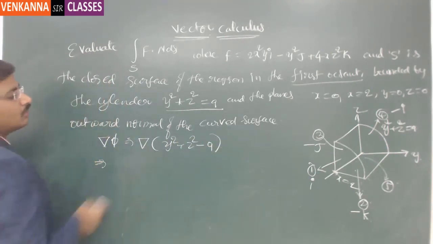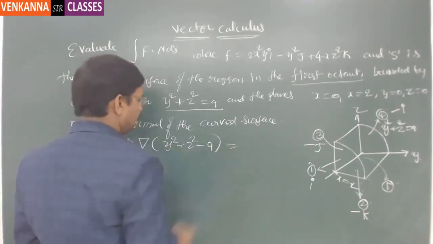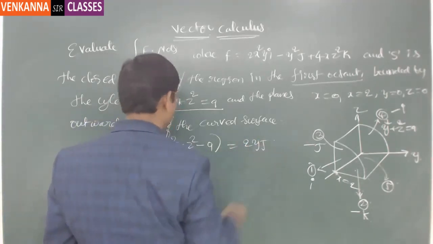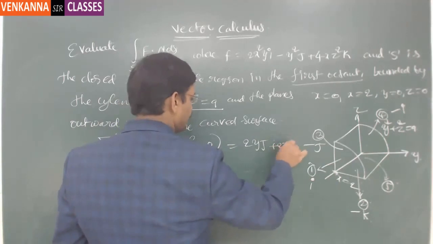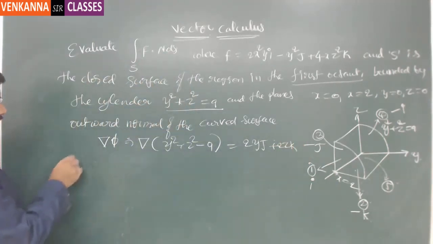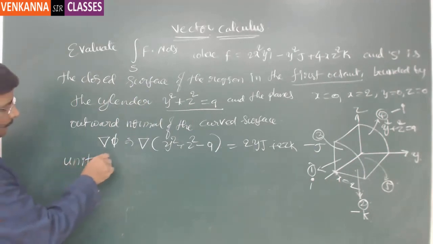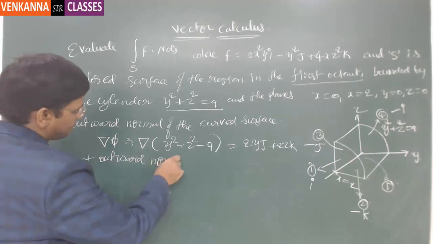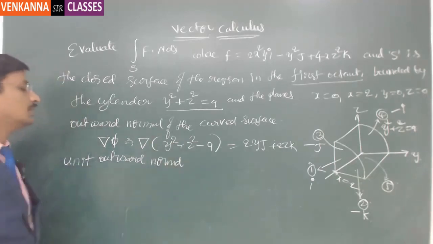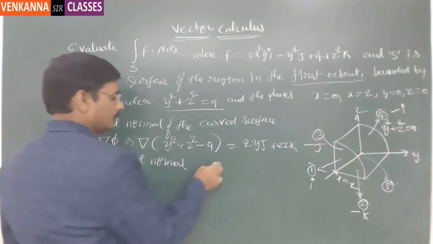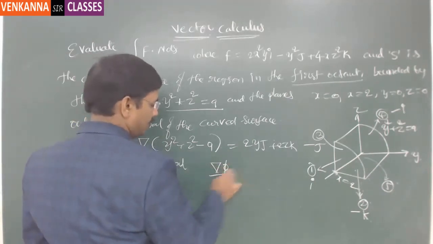Then dou by dou x is anyway 0, and this gives 2y j plus 2z k. So this is the outward normal. Now the unit outward normal will be del phi divided by mod del phi.